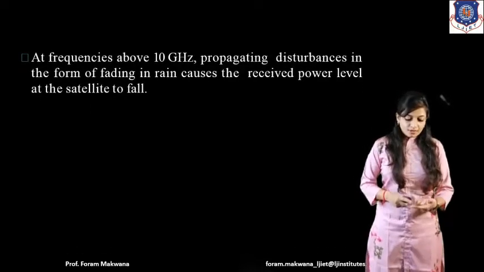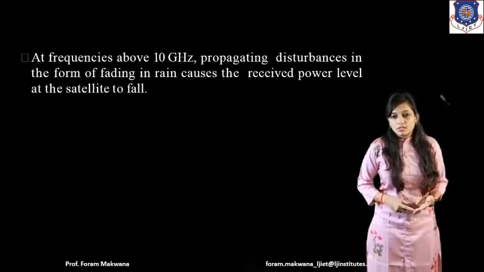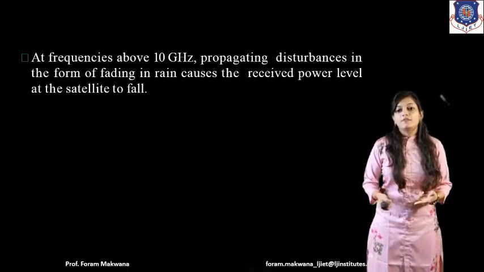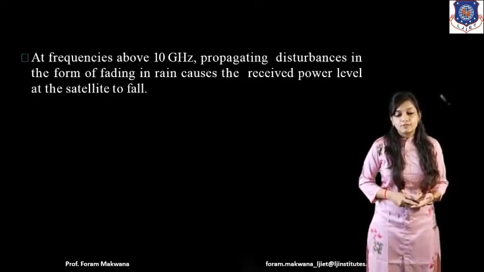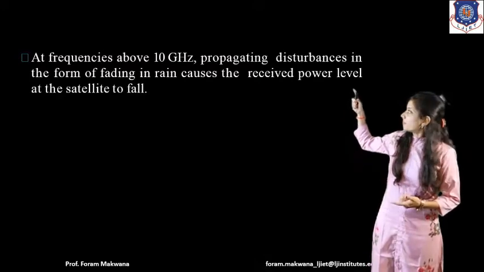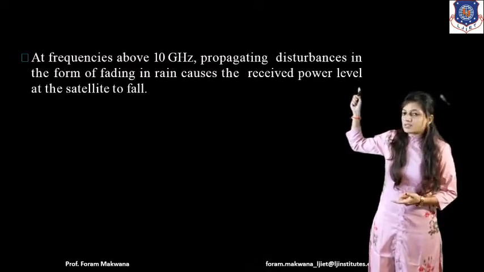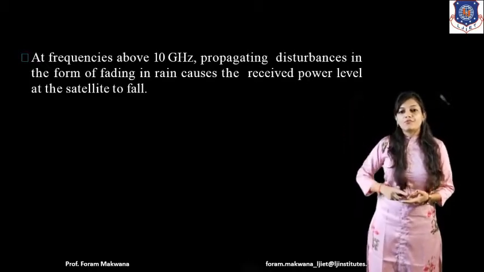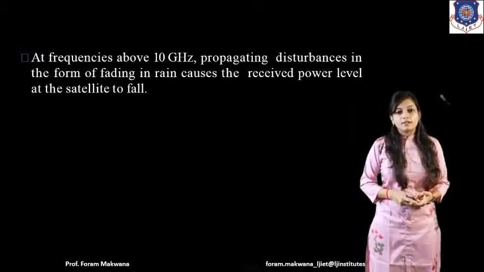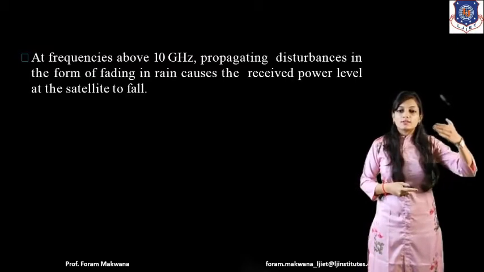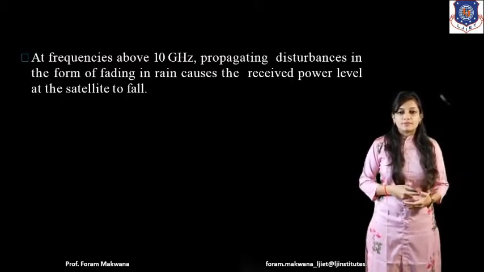Now, when we consider the frequency and the microwave bands, we need to consider that at a frequency above 10 GHz, propagation disturbance in the form of fading in the rain causes the received power to decrease.